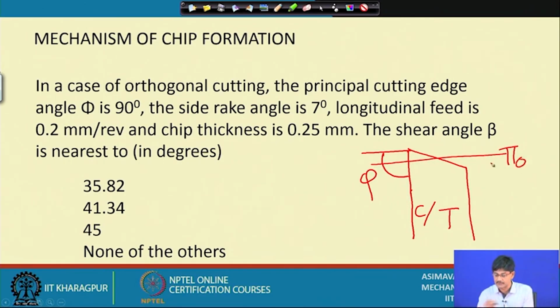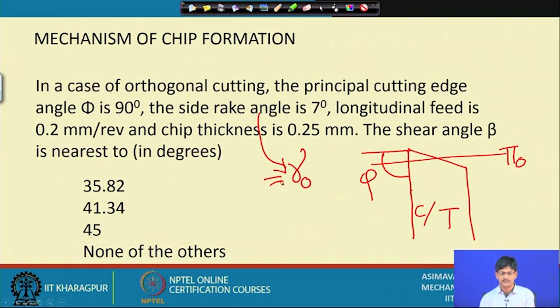This is the trace of the orthogonal plane seen from the top, and therefore side rake and the orthogonal rake become the same angle. Therefore, we can use this value as the value of the orthogonal rake. Side rake is equal to orthogonal rake. So, our principal problem is solved.